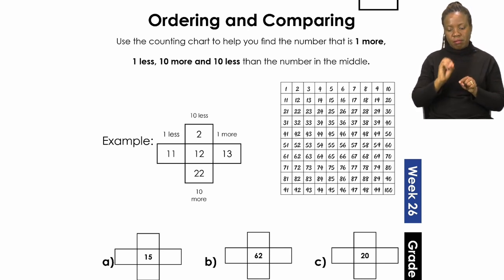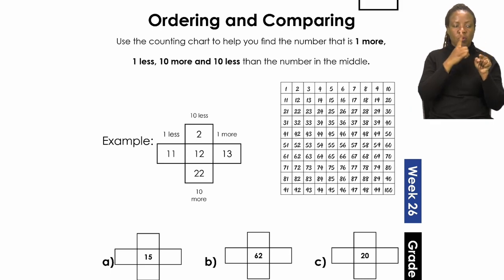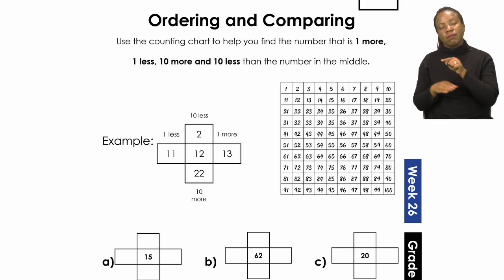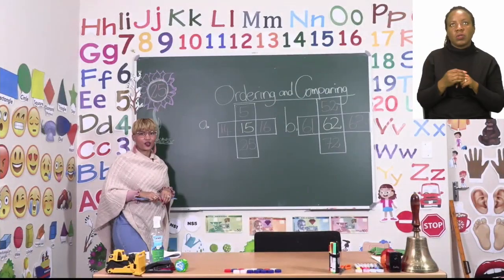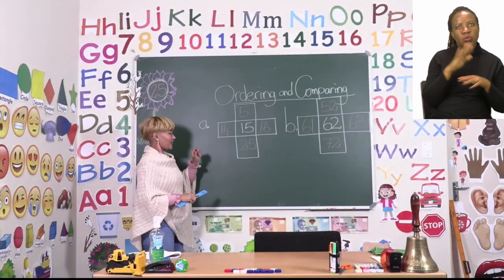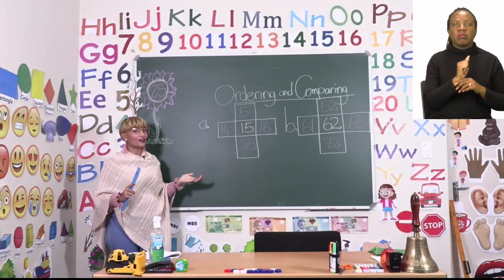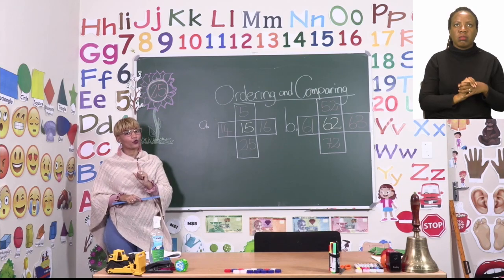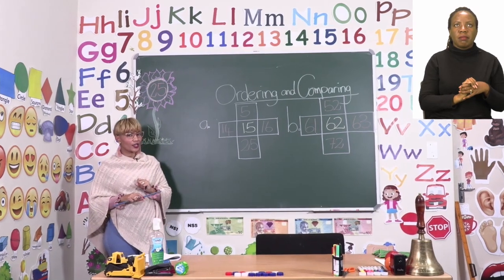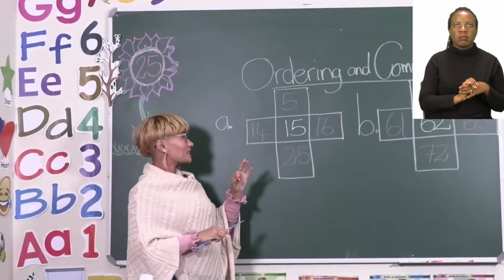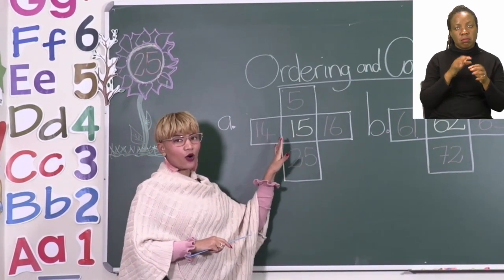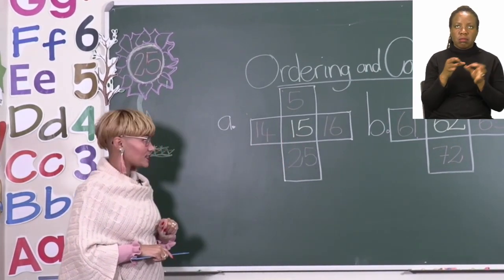Now, I took 2 examples which I am going to do with you. The first example is A. Okay, now I filled in the answers for you already. So we are quickly going to discuss and see how we got to these answers.